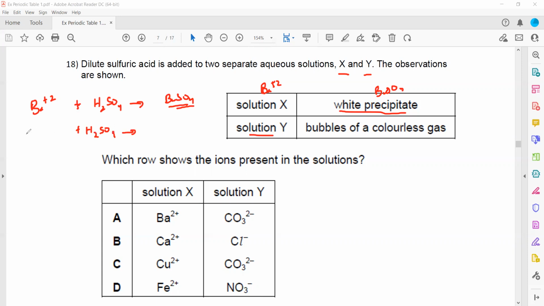The metal can be any metal in solution Y, but there is a carbonate present, CO3. Acid reacting with carbonate gives a salt and carbon dioxide, so due to the carbon dioxide we see bubbles or effervescence. So solution Y contains carbonate, and solution X contains barium. Again, this is related to memorization. You have to learn these results for the ions.